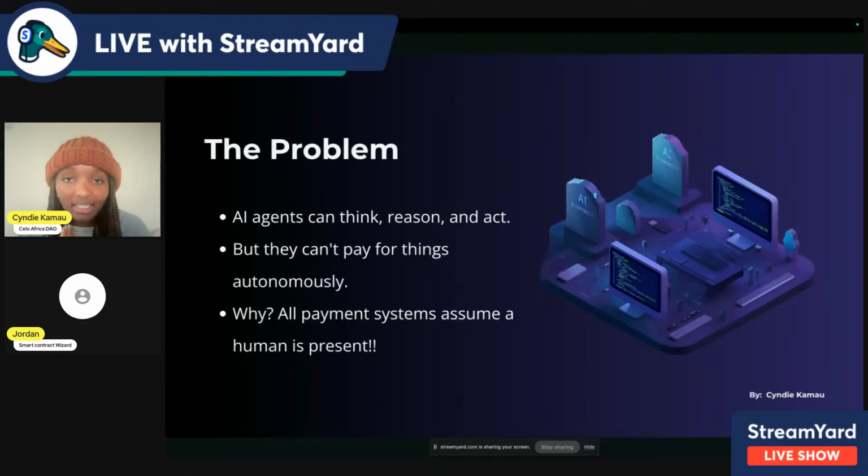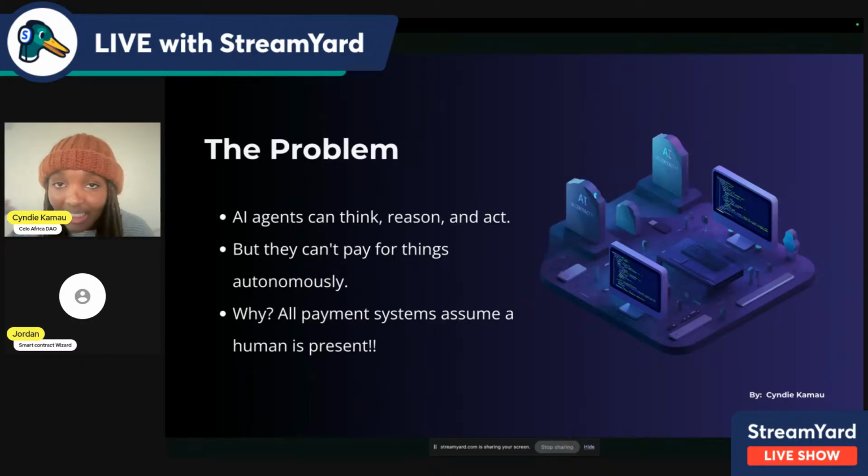They can derive information, they can reason, they can do so many things. But the one biggest challenge was that they could not pay for things autonomously. AI agents can do so many things, but the major bottleneck and blocker was that they could not pay for anything without human intervention.